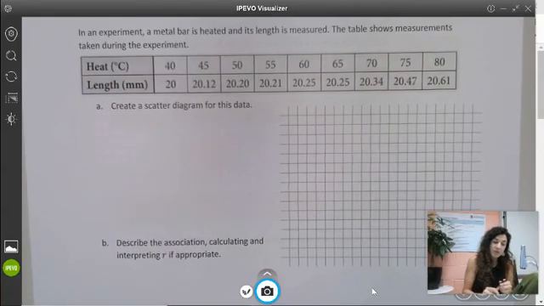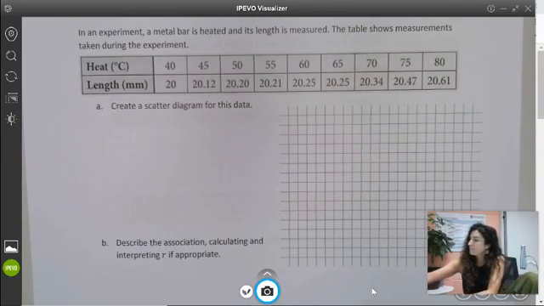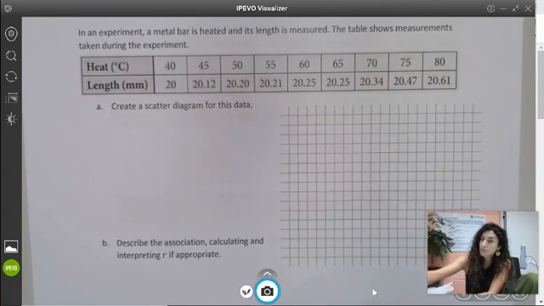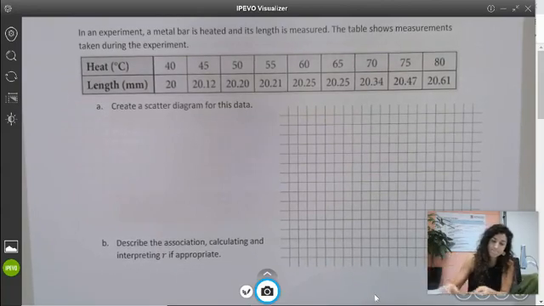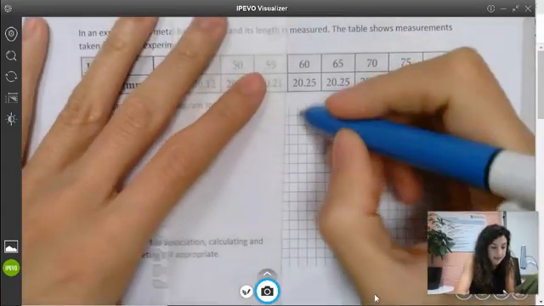All right, so we have an experiment. We have a metal bar, it's heated, and its length is measured. The table shows the measurements taken in the experiment. We want to create a scatter diagram. I'm going to create my x and y axis.